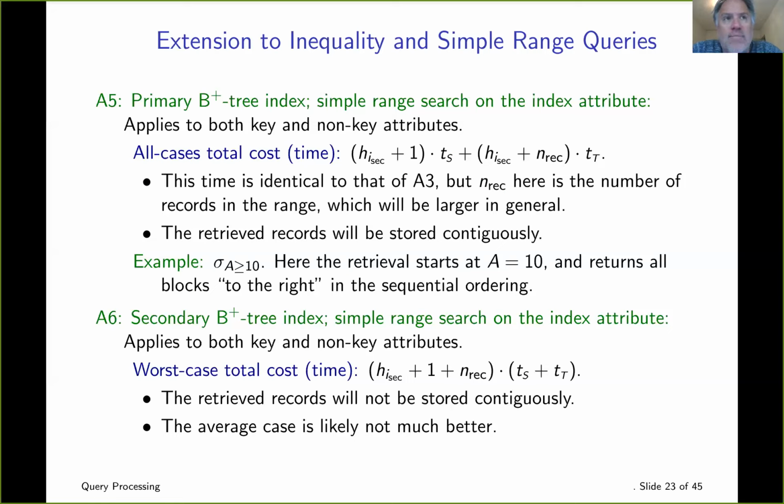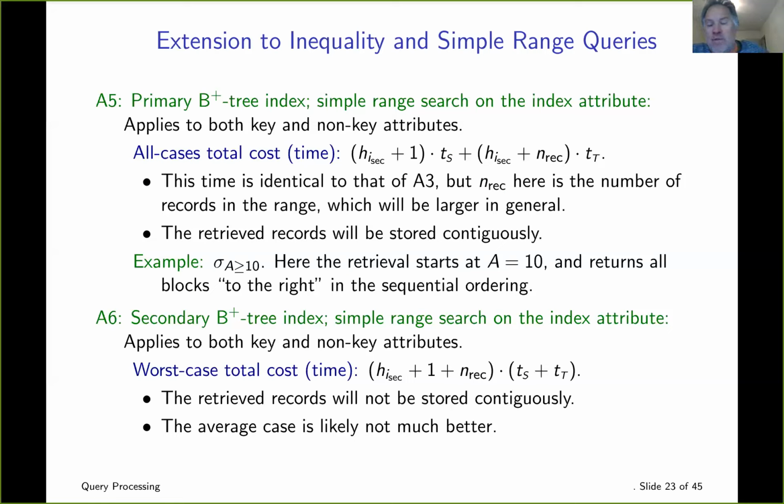What this means is that we're going to be doing a lot of seeks, because we use a secondary index to find a whole list of blocks where inside that block there is somebody with a name that starts with S.